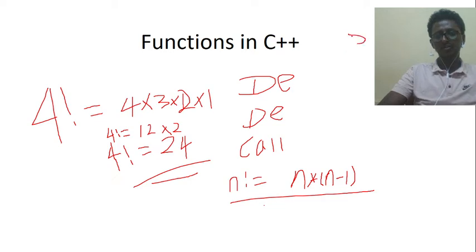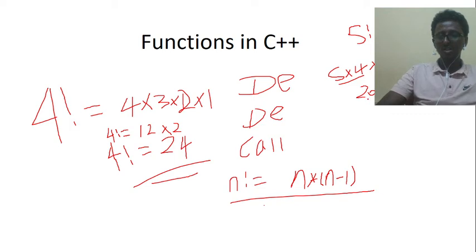Let the factorial of 5, we find 5 times 4 times 3 times 2 times 1. 5 times 4 is 20, times 3 times 2 times 1 is 6.